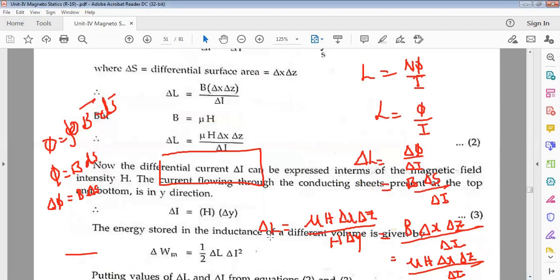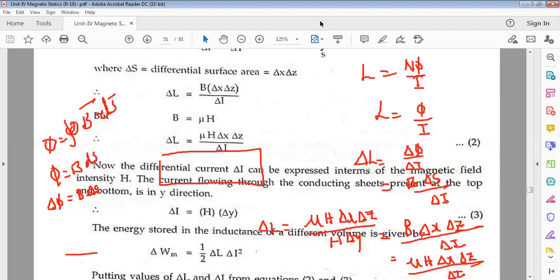Now the energy stored in the inductance of a differential volume is given by Wm is equal to 1/2 L into I square. Here also you can write it in terms of small differential elements or incremental values: delta Wm is equal to 1/2 delta L into delta I square.